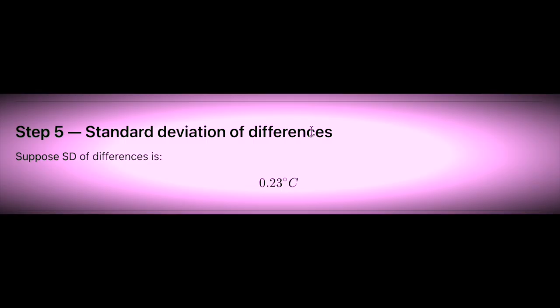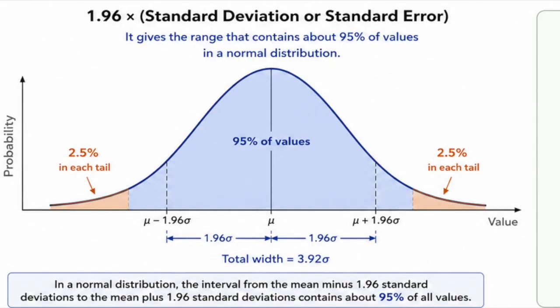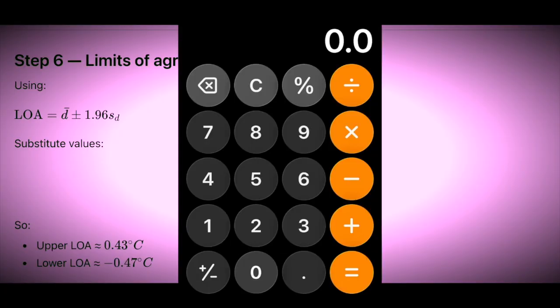So we're going to put this value of 1.96 because we want to capture the range at which 95% of our data falls. For those of you that have done stats before, I'm sure this 1.96 you're familiar with, so you can let me know in the comments what this 1.96 is about. So substituting the values, we get negative 0.02 plus or minus 1.96.